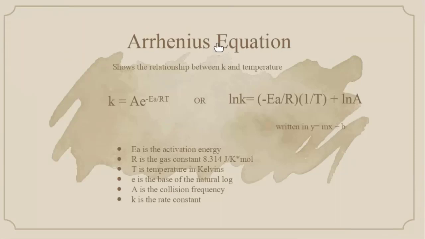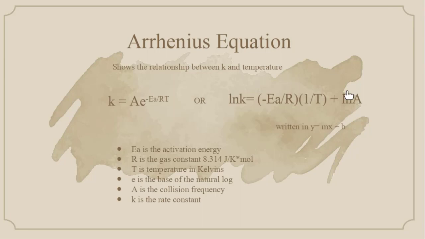So next, I'm going to discuss the Arrhenius equation. The Arrhenius equation is helpful because it shows the relationship between our K value and temperature. There are two ways you can really write this out. You can write it in this formula with it as an exponent, and then you could change it into a y equals mx plus b format as well.